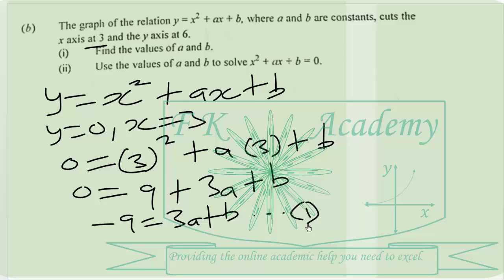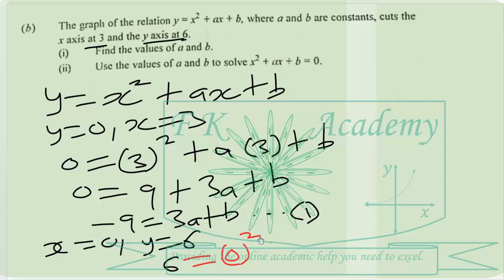Then again, at the point where the graph cuts the y-axis, x equals 0 and y equals 6. So we obtain 6 is equal to 0 squared plus a times 0 plus b. So that will give us b equal to 6.